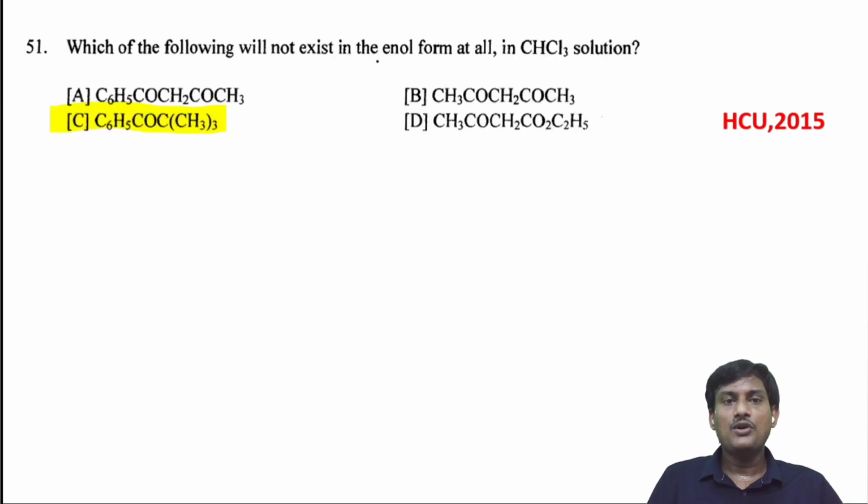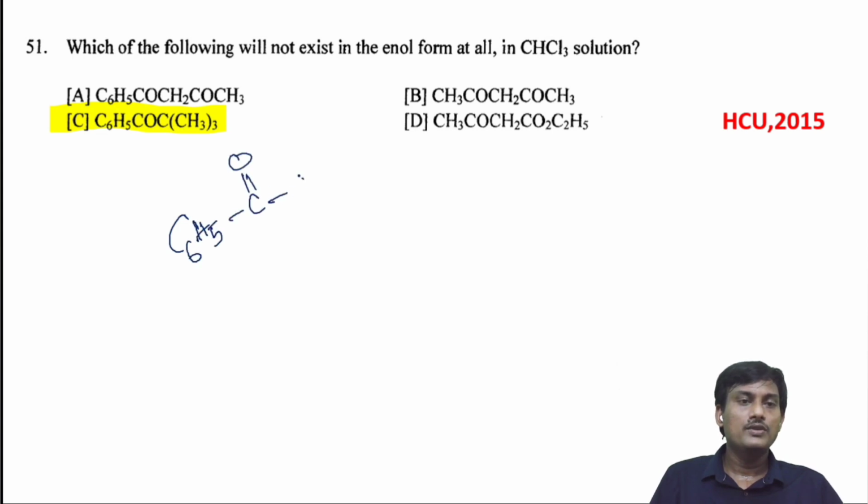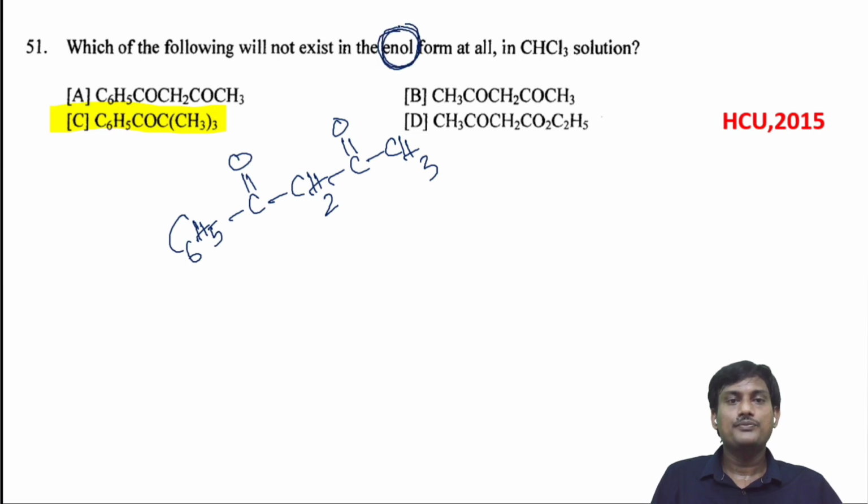Which of the following will not exist in the enol form at all in CHCl3 solution? Here we have to find out whether the molecule has an alpha carbon to the C double bond O group. Here let's take A, C6H5, C double bond O, CH2, and C double bond O. For enol form, it should exhibit keto-enol tautomerism.